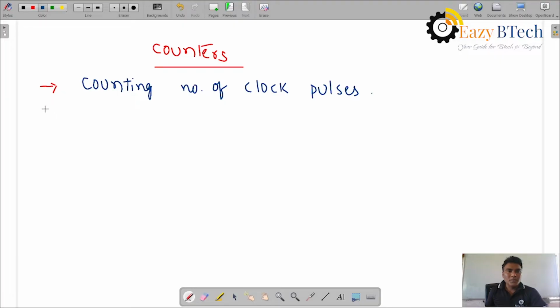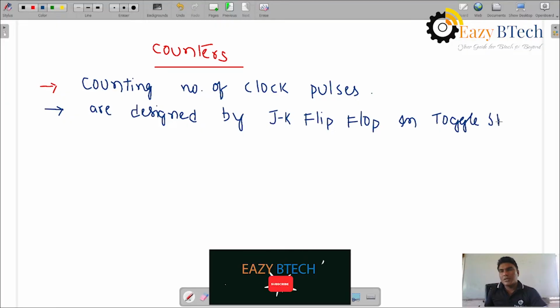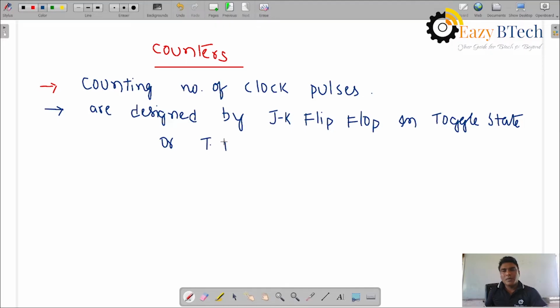Counters are designed by JK flip flop in toggle state, or T flip flop.